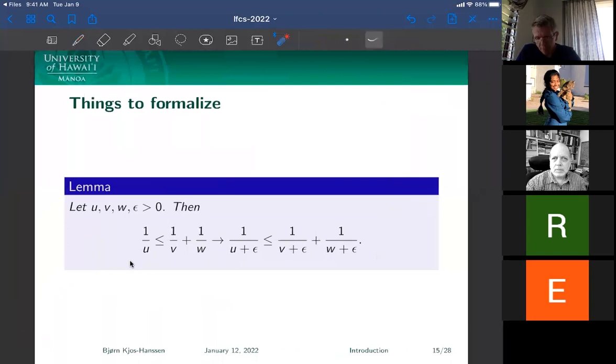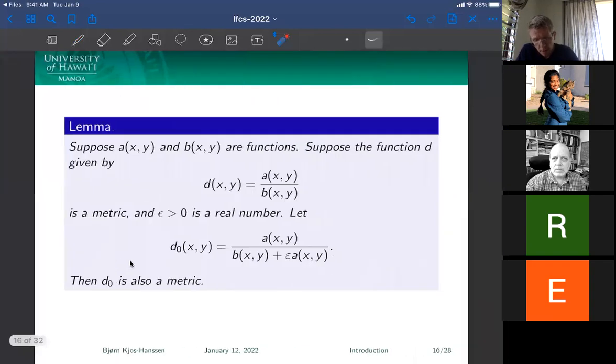So what do we have to formalize to get this proof to be formalized in Lean? Some little things, like for example, this lemma here, a pretty easy lemma. And here's an extension of that.